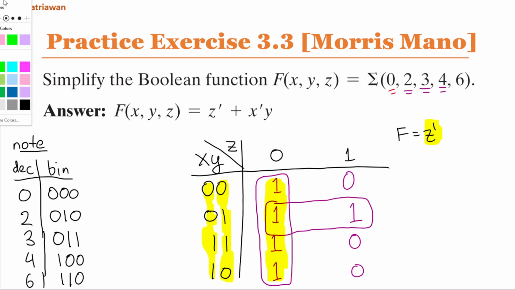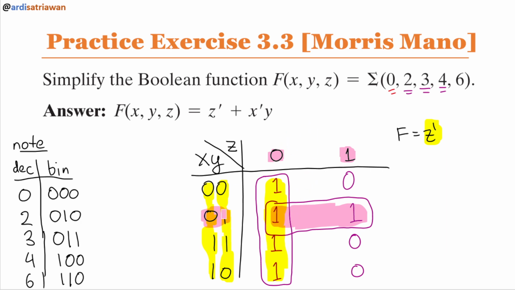Now let's draw the pink part, which is the second circle. For the second circle, z is different because it is 0 and 1 here, so this does not depend on z, but only on x and y.